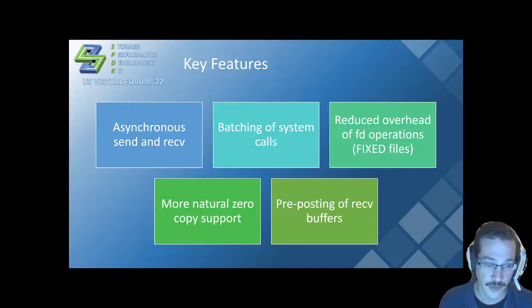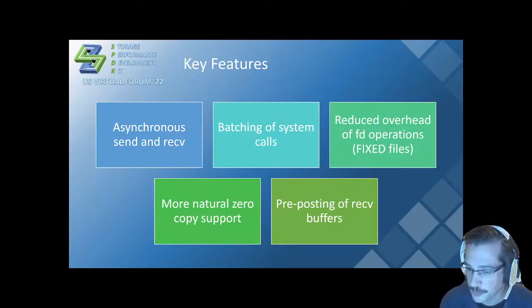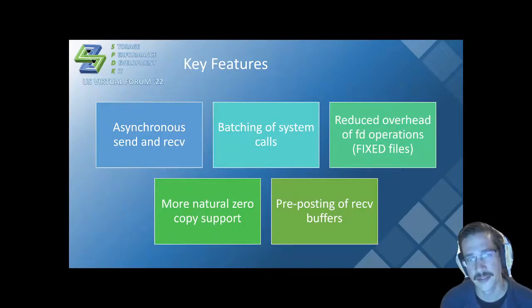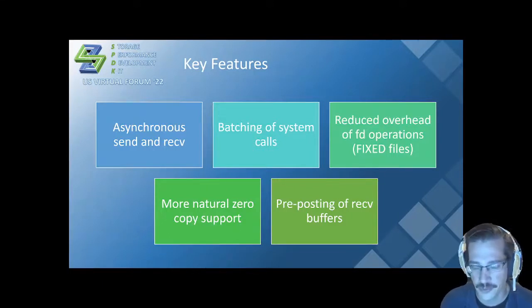They have also very recently, in Linux 6.0, I believe, added more natural zero copy support. By that I mean the other zero copy API I outlined was you make the traditional send call, which used to be do it or don't, but tell me the result of the send immediately.